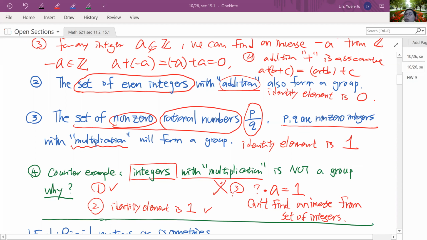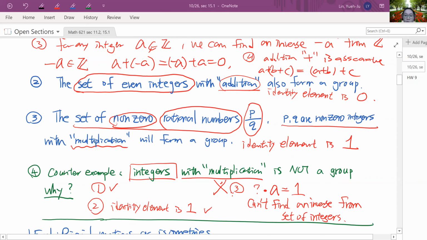Someone asked me to elaborate on an example. What do you mean, 4.3?